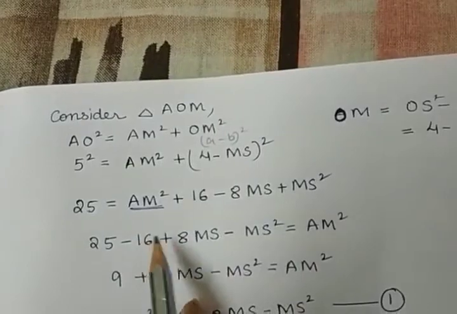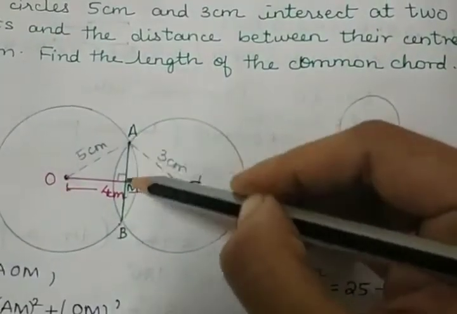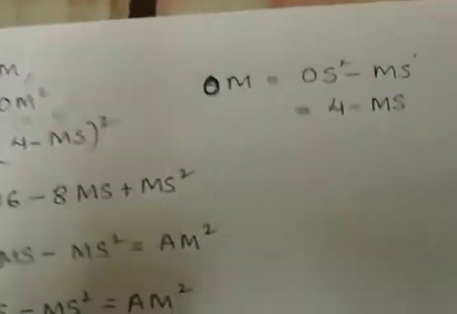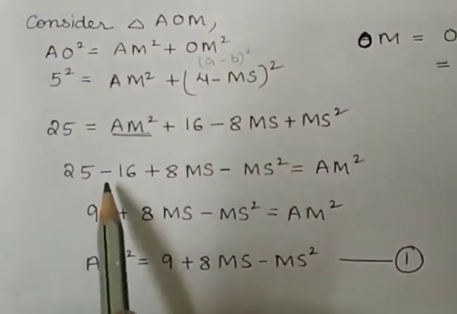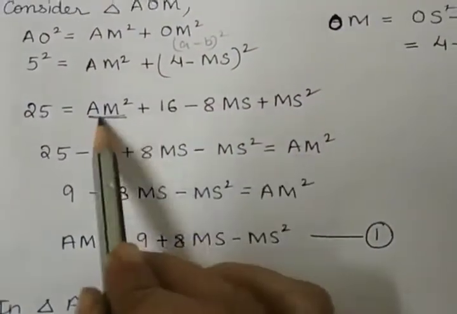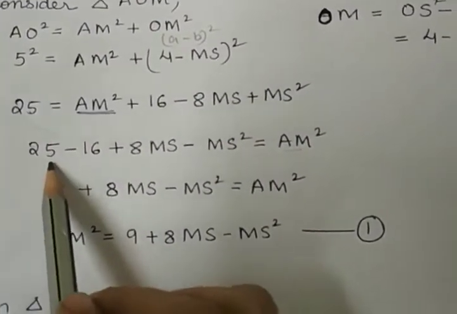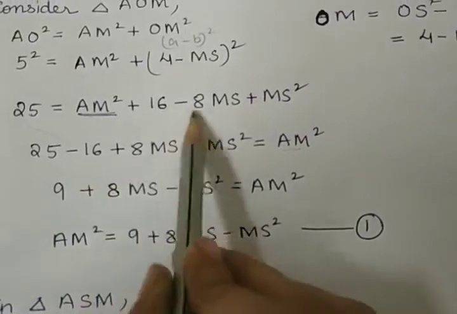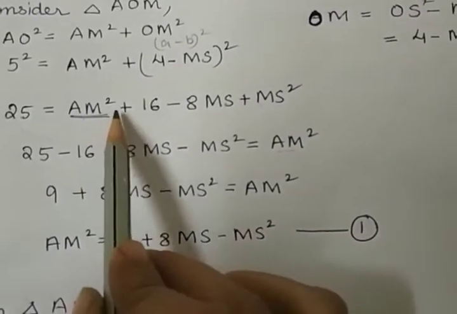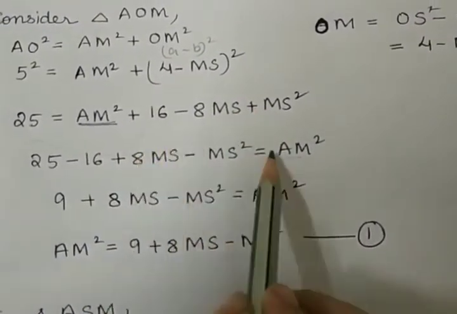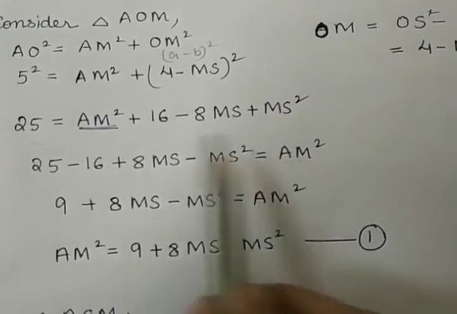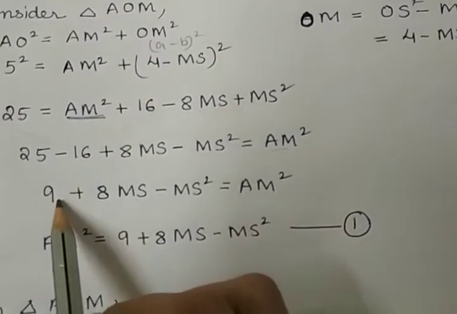Now what I want is, I want to find this, correct? So I'll isolate AM square. So I get 25. I'm keeping AM on this side and shifting all the other terms to the other side. So 25 minus 16 plus 8 MS minus MS square is equal to AM square. 25 minus 16 is 9.